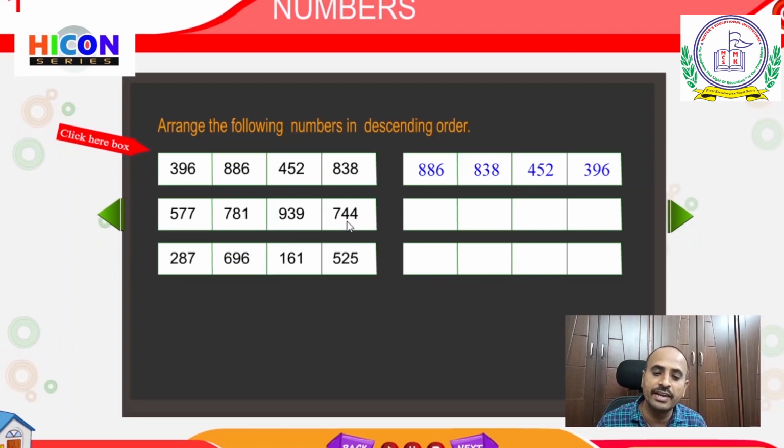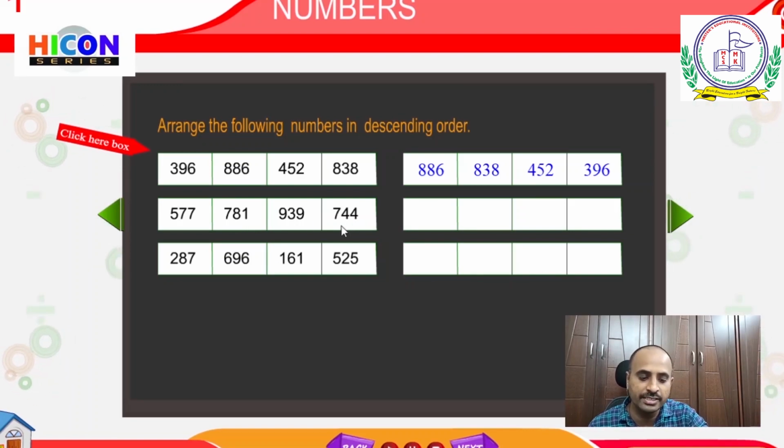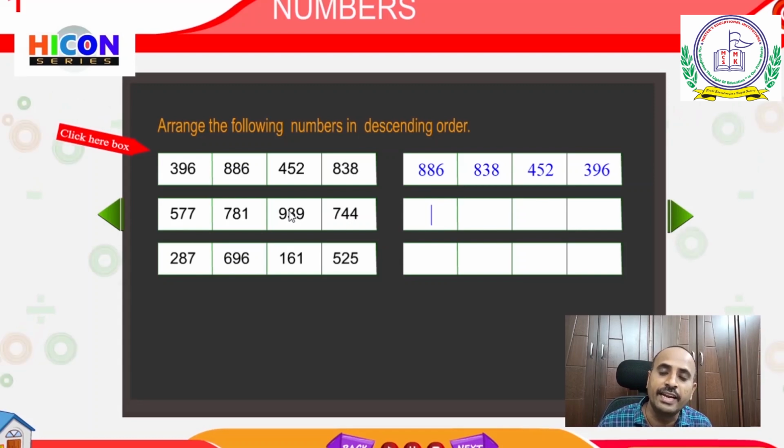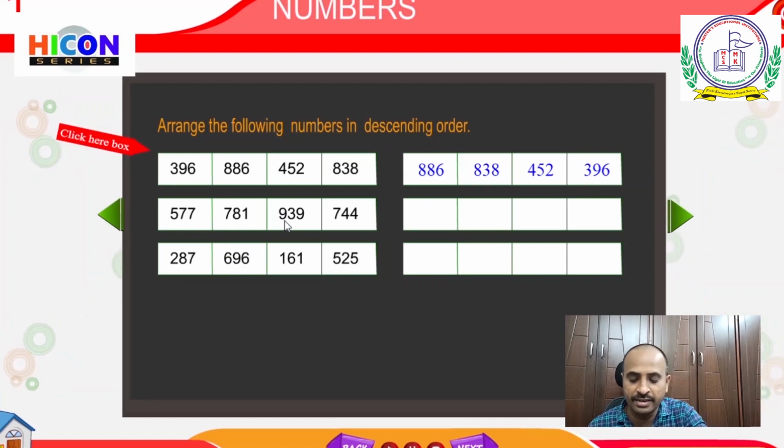So 781 is greater than 744. Sorry, here 9 is greater. So 9 is greater. So 939 is the greatest number.